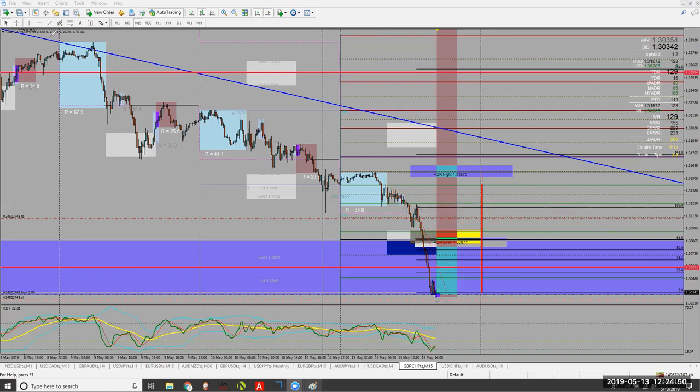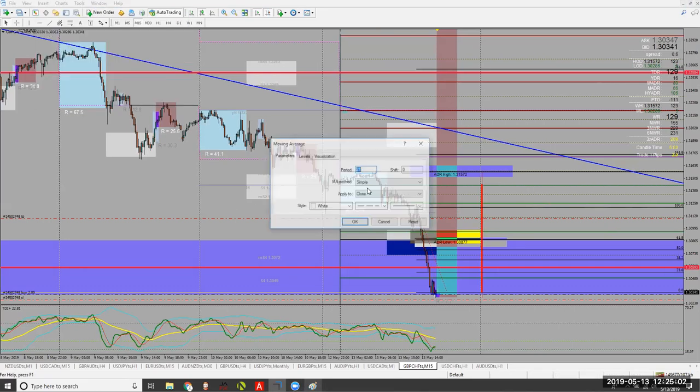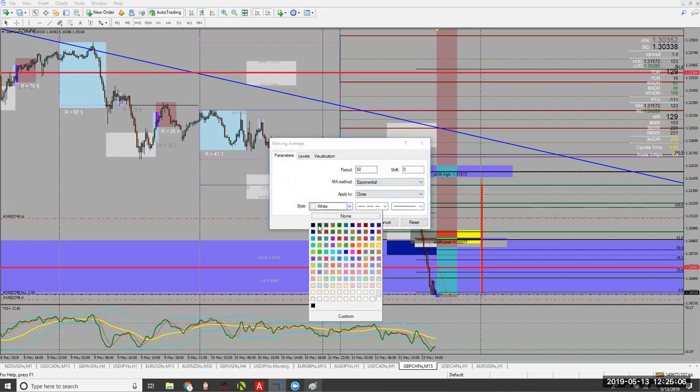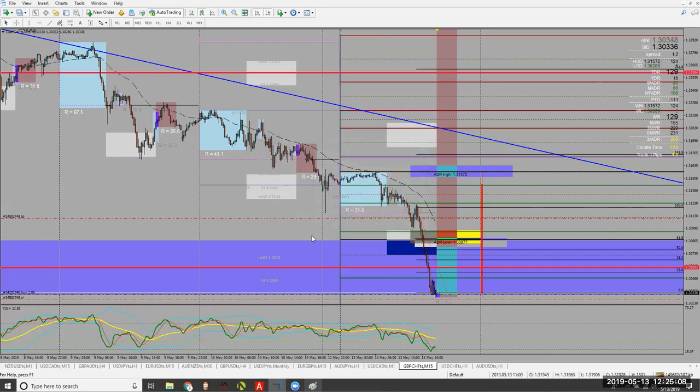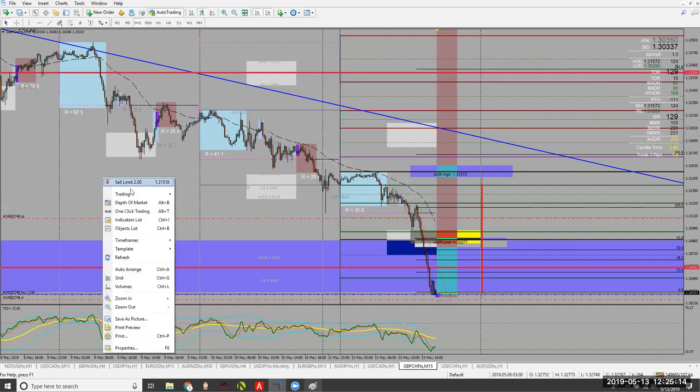All right, now if I put the moving average on here, we know that area there is going to be roughly about the 50 moving average. So let's go take a look and take that out. If I add the 50 exponential moving average on here, that'll be right there in that area. All right, we got it right here.